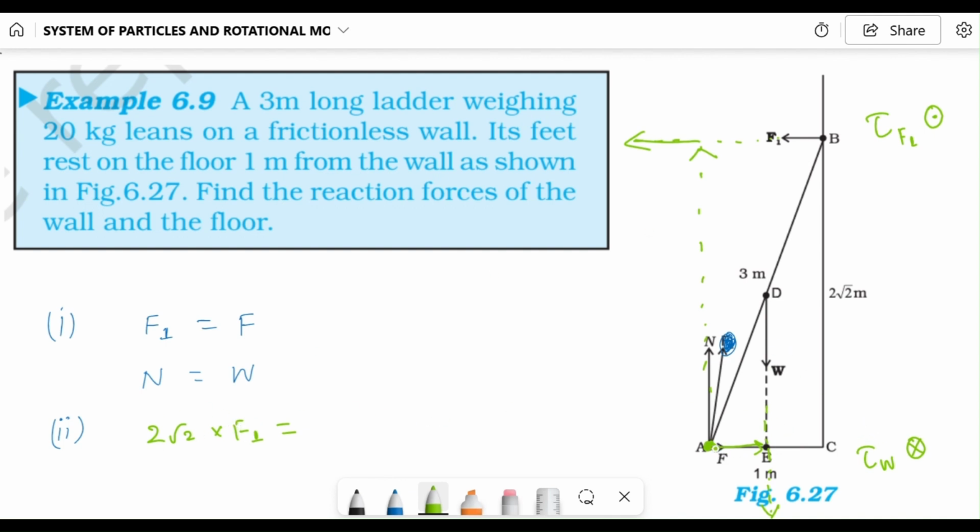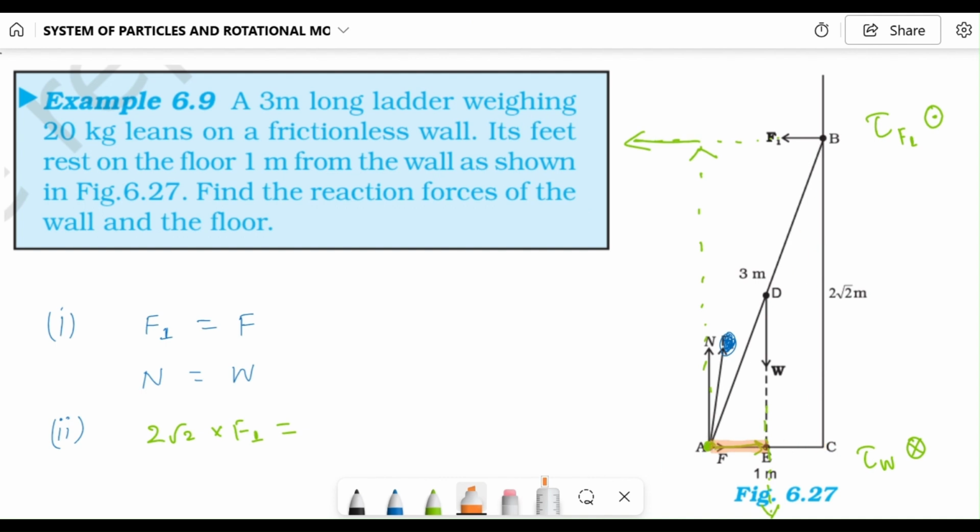Now we have to find this perpendicular distance here. How can we do that? For this we have to apply geometry. Let's say this is triangle ABC.